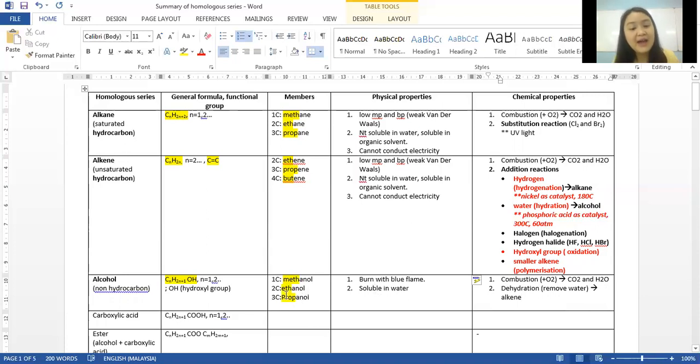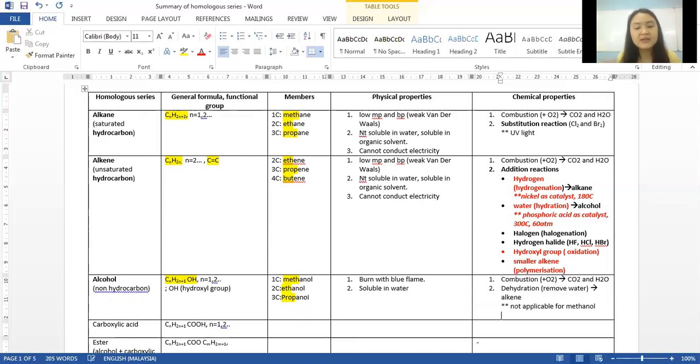Another example, let's say I have ethanol, all right, so when I remove water from ethanol, it will turn it back into ethene. All right, now please take note, the dehydration process is not applicable for the first member, methanol, yeah? Other than that, all other alcohols will be able to carry out the dehydration process.